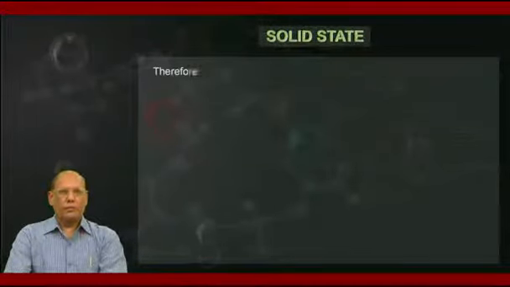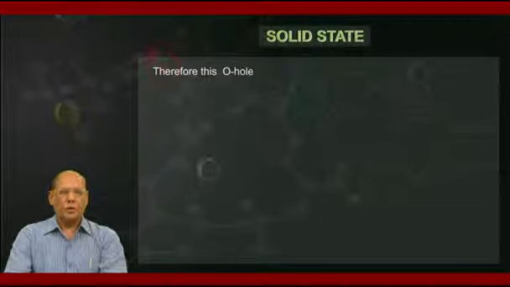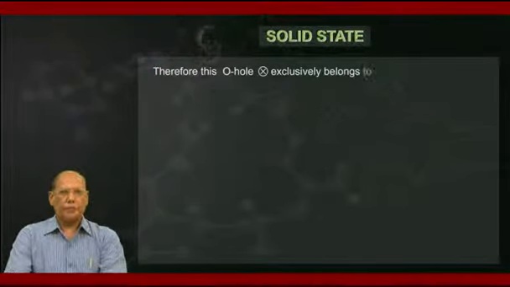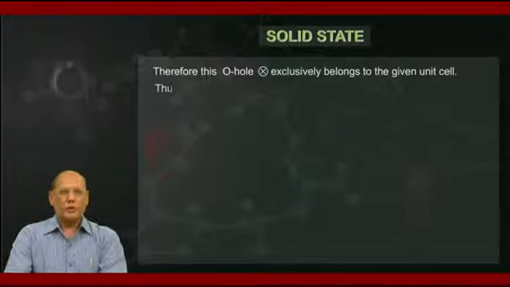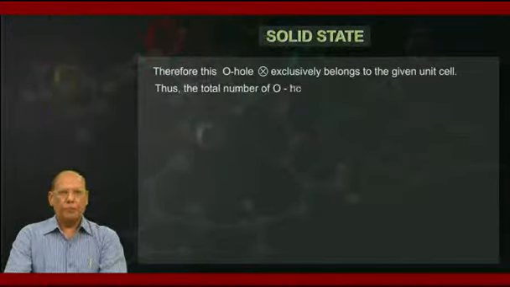Therefore, this O hole marked by purple or violet X exclusively belongs to the given unit cell. Thus the total number of O holes will be equal to 3 plus 1, that's equal to 4.